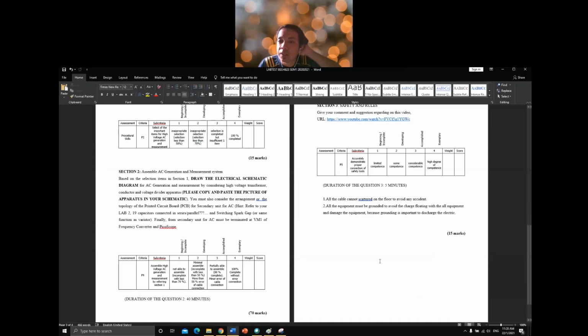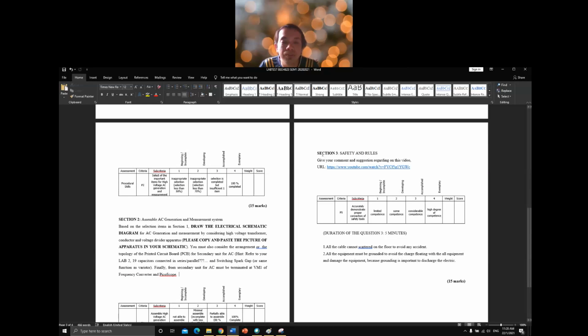For section 3, I have watched the video. My comment for the video: the cable is scattered on the floor, and it might cause an accident. And the cage is not properly closed in the video.